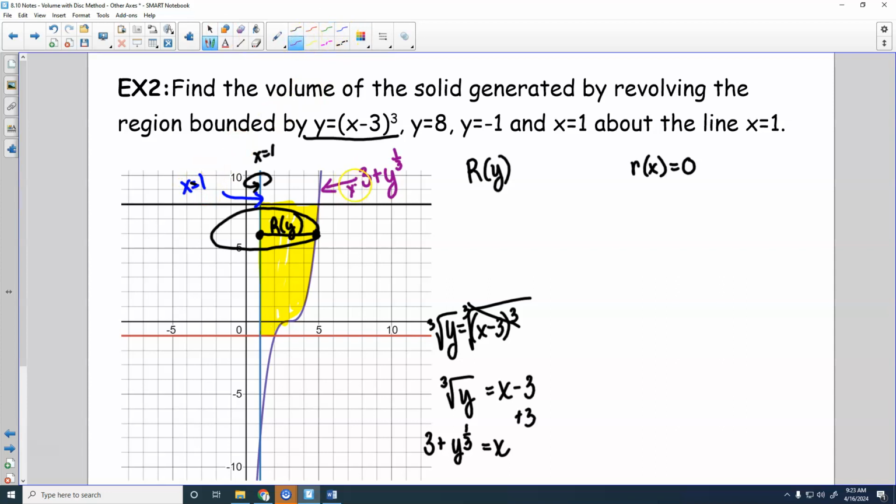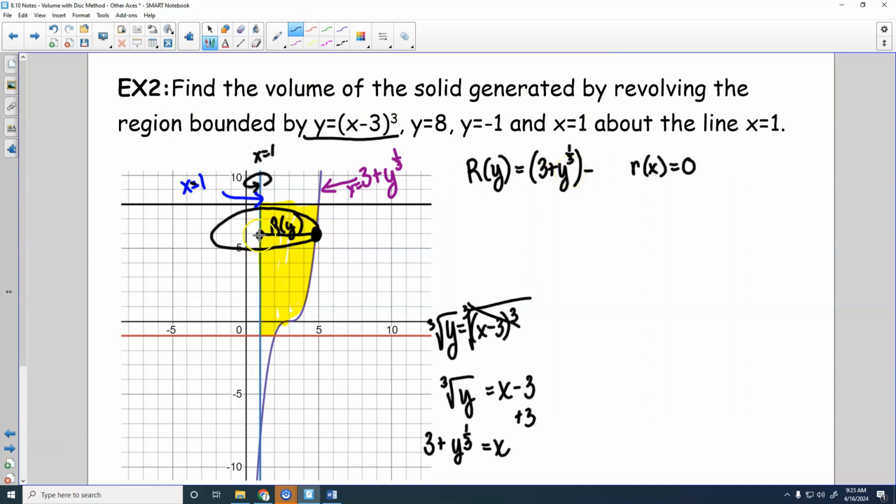So put x equals here. To set this up for our capital R, it needs to be the end point that's furthest to the right, which is on that purple line. So that is 3 plus y to the 1/3. But it doesn't go all the way to the y-axis. If we just put that, it would go all the way to the y-axis.